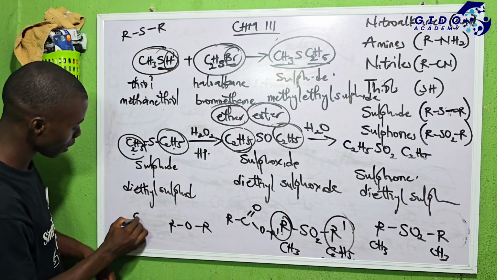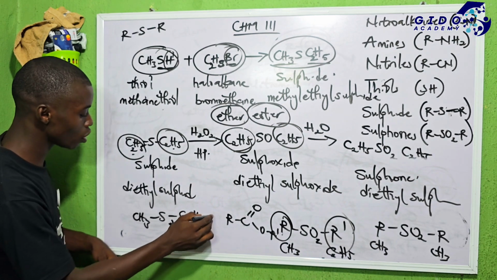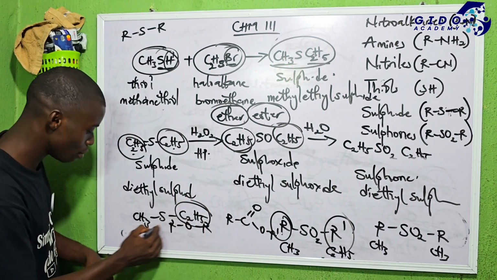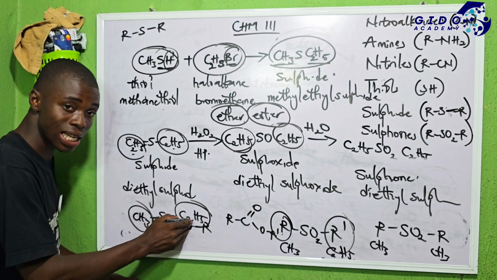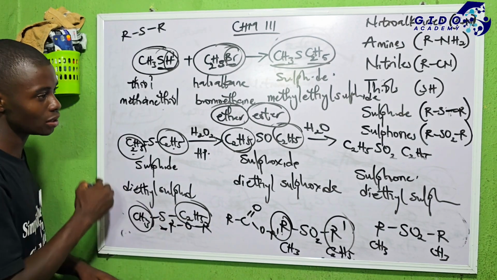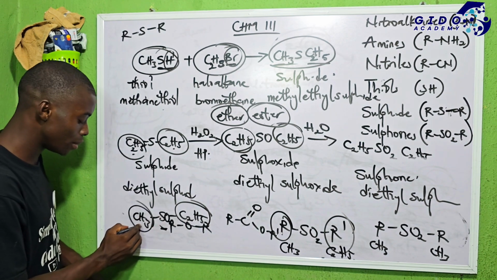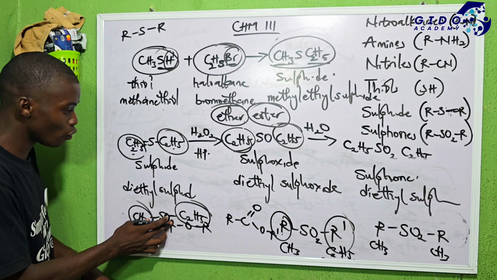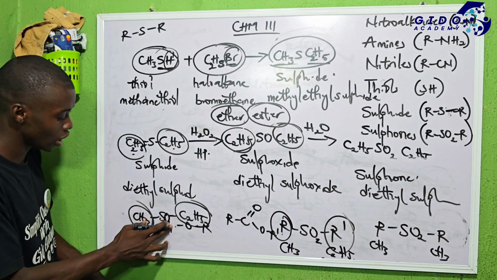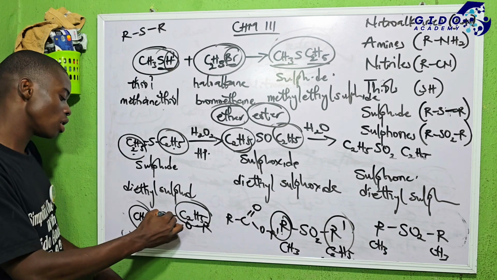If you have CH3 and here is S and here is C2H5, it is wrong to say ethyl before methyl. It is best to use methyl ethyl sulfide. Then assuming here is O2, it will be methyl ethyl sulfone.